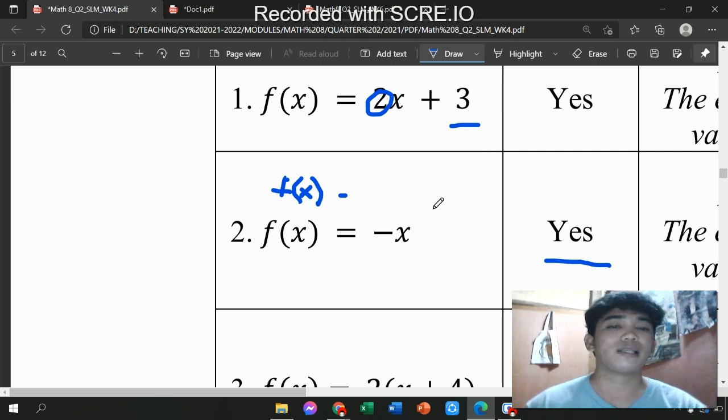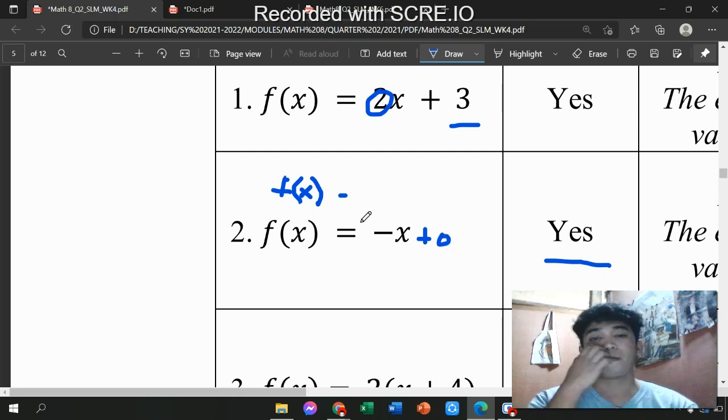Unsa man ang atong plus b? That is just plus 0. So this is negative 1x plus 0. And since plus 0 man siya, pwede na siya nga dili na isulat. So mao ni ang forma sa atong equation.